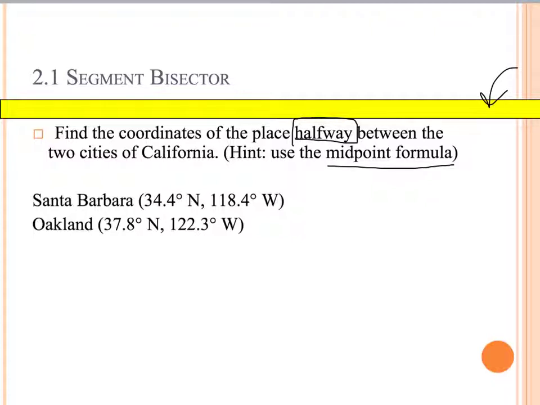Alright, so we're going to start off with using that midpoint. Remember, how do I use our coordinate pair? It always goes X, Y first. So again, using that midpoint formula. What is our midpoint formula? It is X1 plus X2 all over 2, that is an X, and Y1 plus Y2 all over 2.